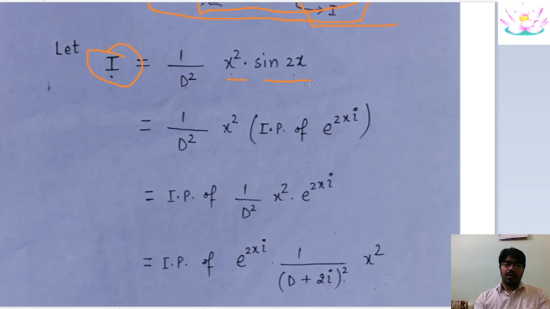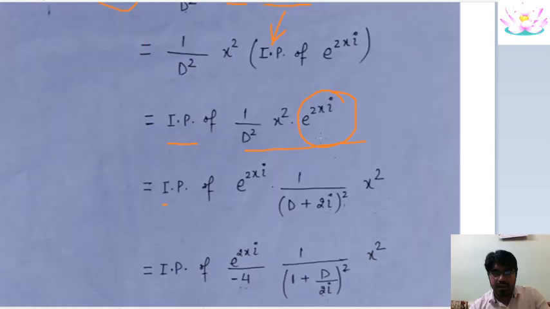Again one more thing, the exponential term will come before the function and D will be replaced by D plus a. And what is a here? A is 2 iota.